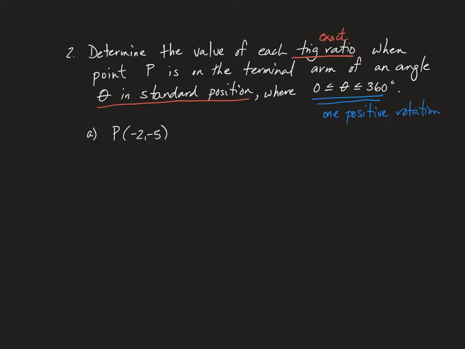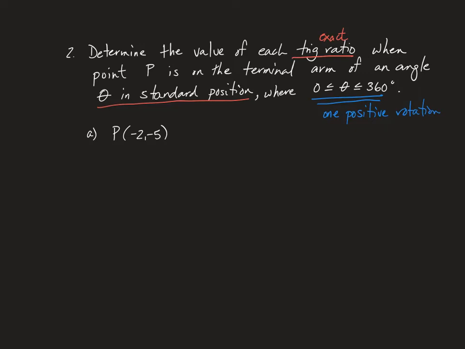So you need to come up with the value of each trig ratio when point P is on a terminal arm, if we rotate from standard position, and we're only doing one positive rotation. So let's take a look at problem A, and I think everybody should be able to draw a diagram for A. So pause the video, create your picture.